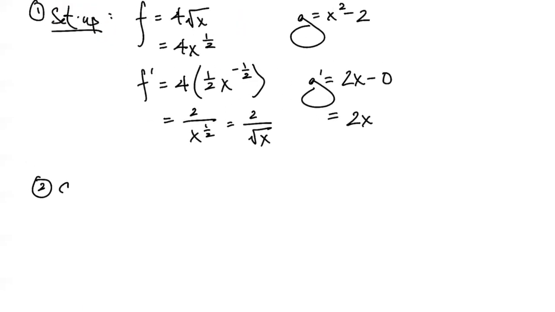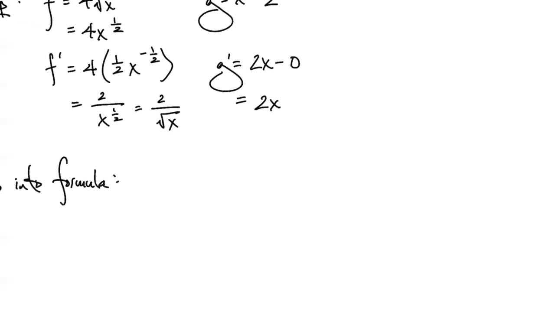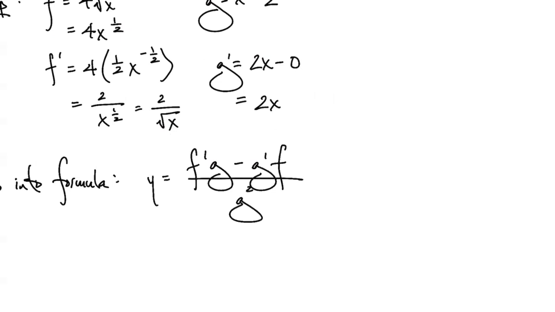But once we've set those up, we're going to sub into our formula. And again, trying to build that muscle memory, I'm going to write out that formula. So we'll have f prime g minus g prime f over g squared.